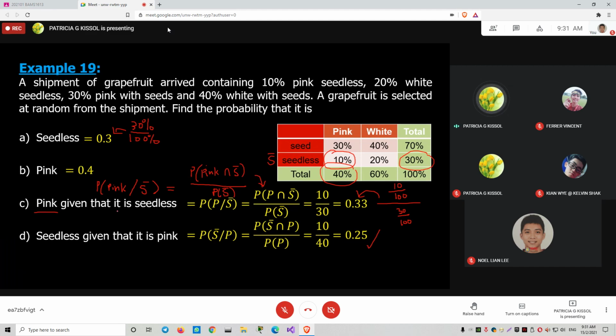Both involve pink and seedless, but remember, the given for part C is seedless, and for part D, the given is pink. Is that clear? Any question on this particular example?